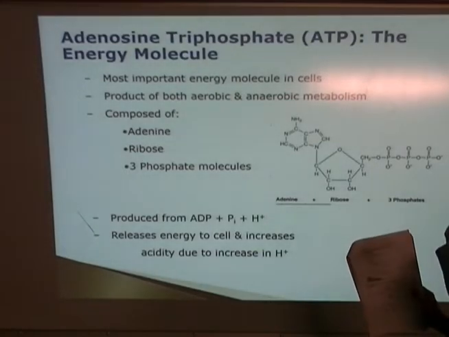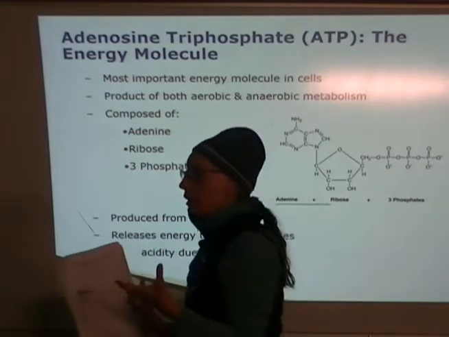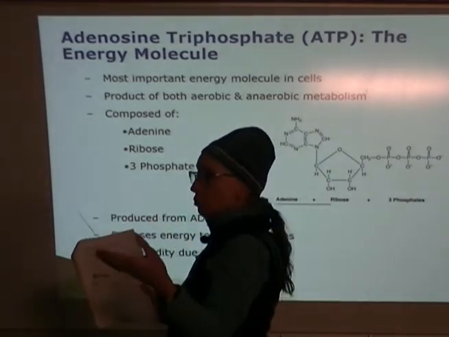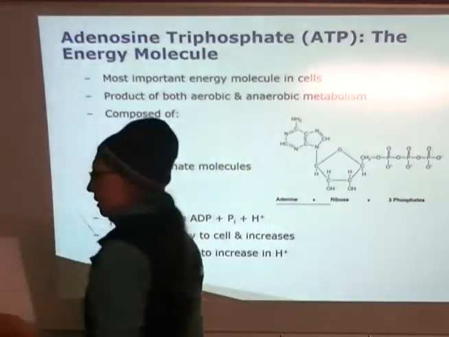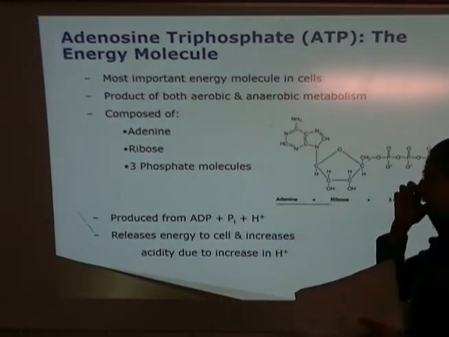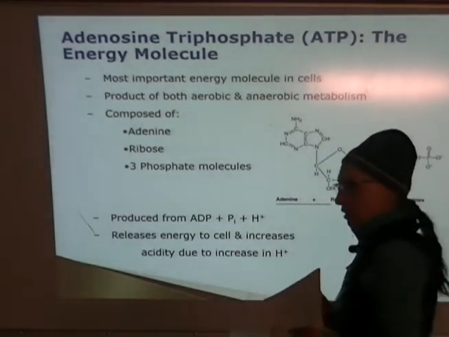We have other energy molecules available in the muscle cells, but the only one that we have evolved to use is ATP. So that makes it the most important one for us, and it's what we're looking to make when we're looking at these energy systems.